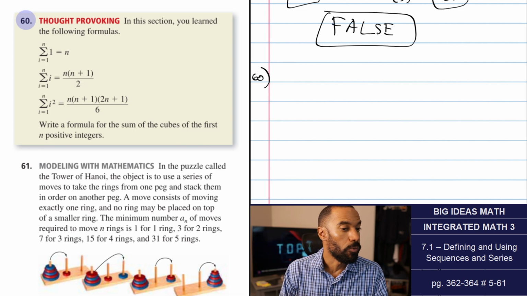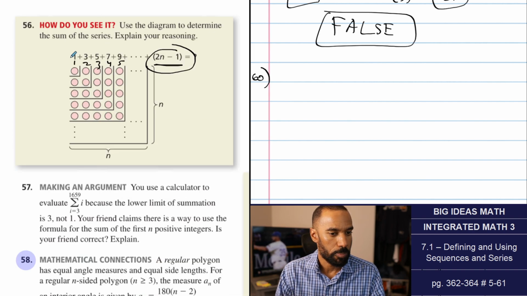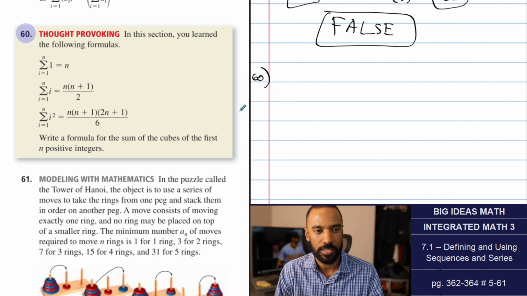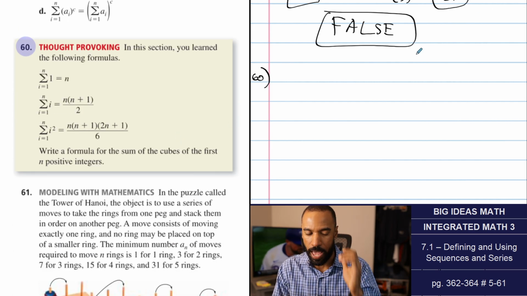You know what might work here? Remember this problem here where we stumbled upon the fact these kind of added to n squared? I don't think they'd give you this unless they added something nice.